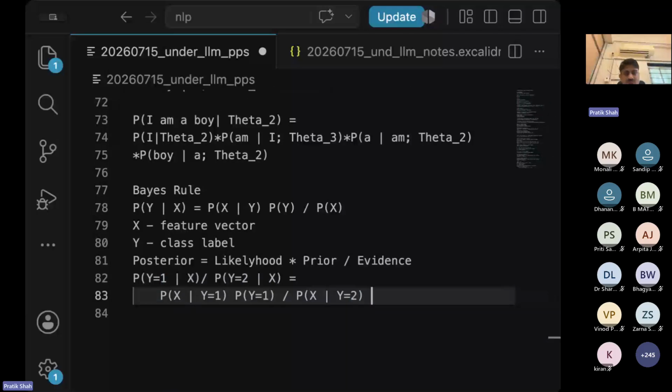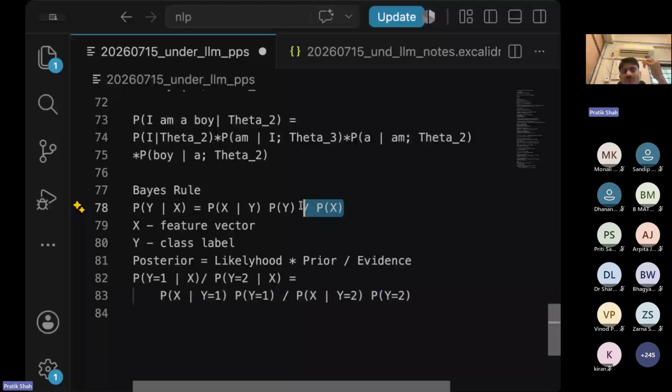This is the ratio. Now what you observe is that probability of x gets cancelled out because it is constant for both of them. So as far as this ratio is concerned, I don't have to worry about probability of x.